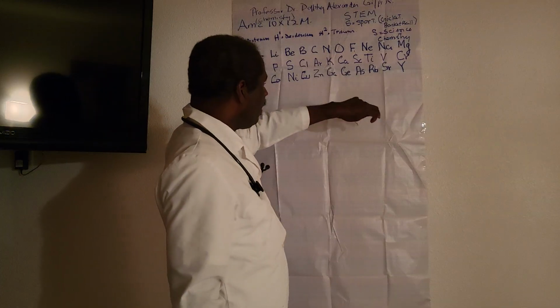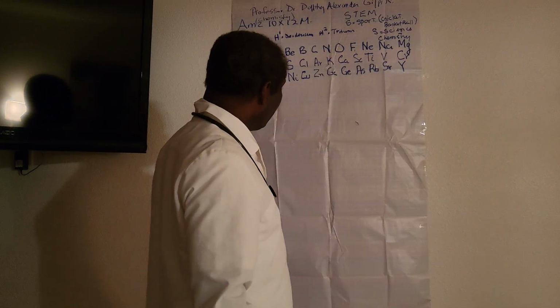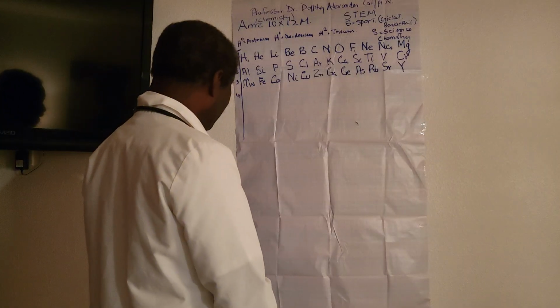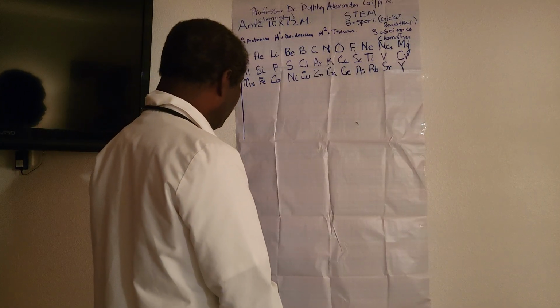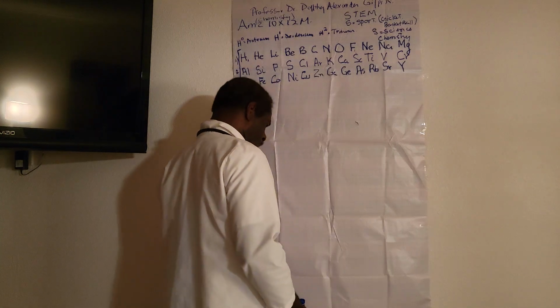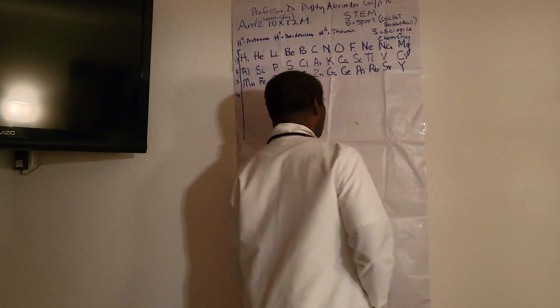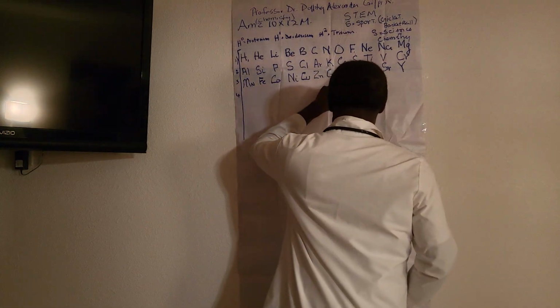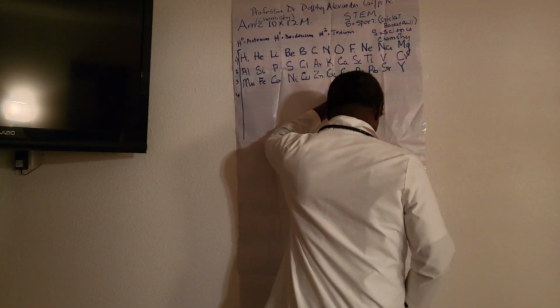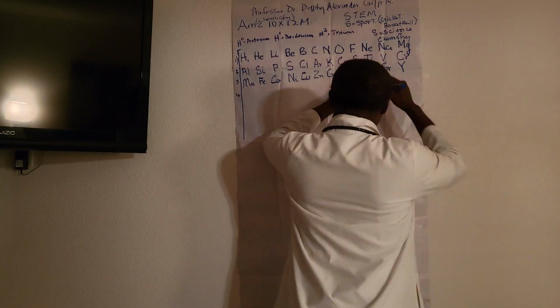something is missing here, should be selenium. Selenium is missing, and that should be 34. And then 35 would be bromine. So this is 32, arsenic 33, 34 should be selenium, Se.